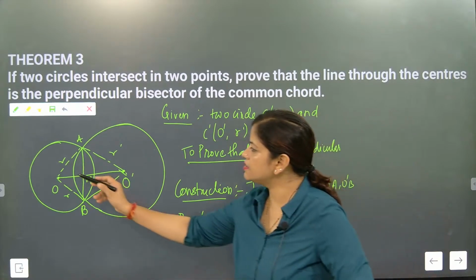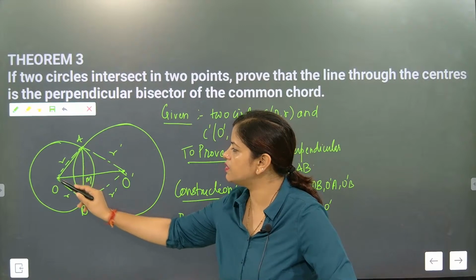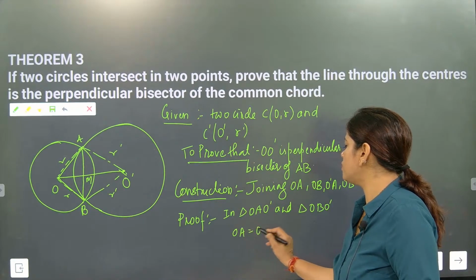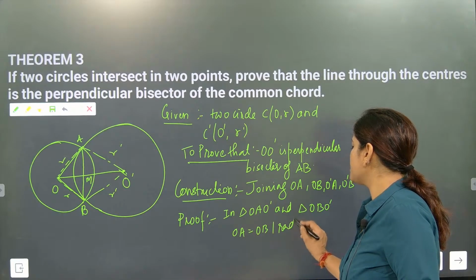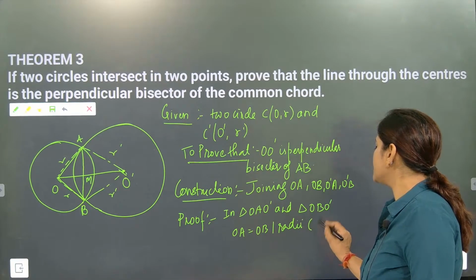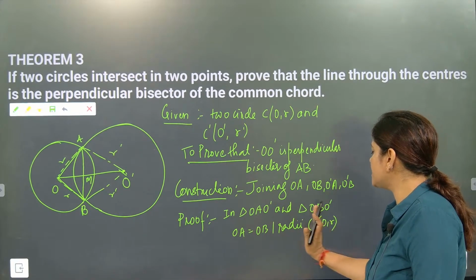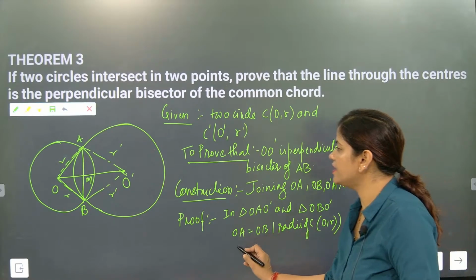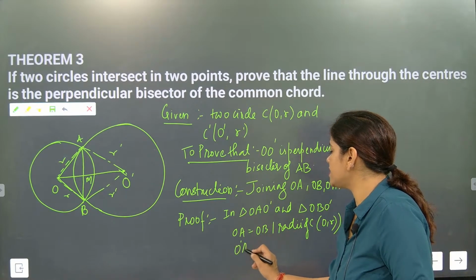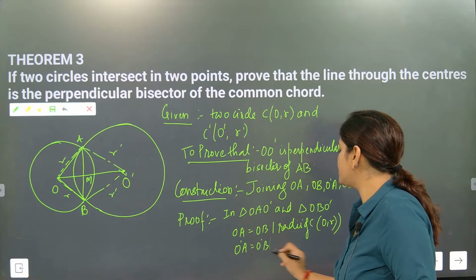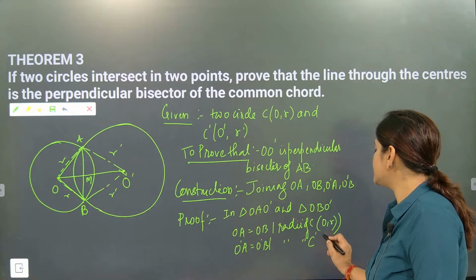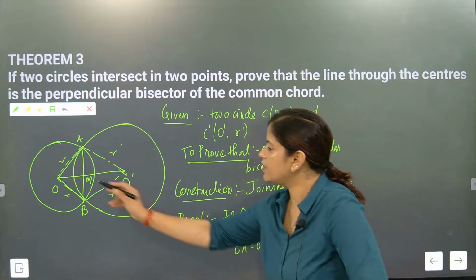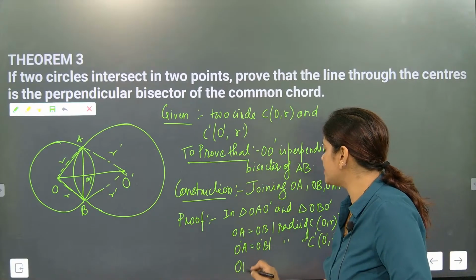Now, in triangle OAO dash and triangle OBO dash, this side of the triangle is equal to this side of the triangle. That means OA is equal to OB, radii of circle C with center O and radius R. Then O dash A is equal to O dash B, radii of circle C dash with center O dash and radius R dash. Then OO dash is equal to OO dash, common.